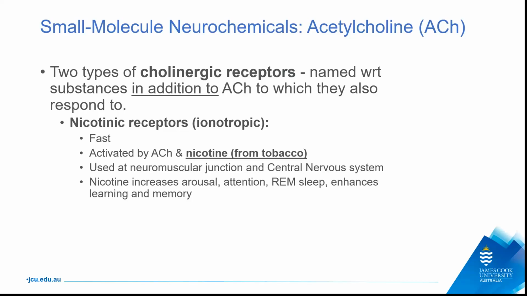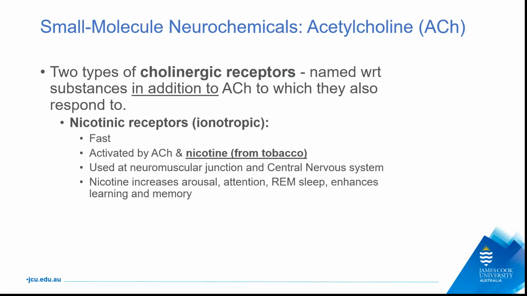So we have the nicotinic receptor, an ionotropic receptor that responds to both nicotine and ACH. Fast responses: once it receives nicotine or ACH, the ion channel, which can be a sodium channel or potassium channel, will open directly. This is present at our neuromuscular junction and central nervous system.